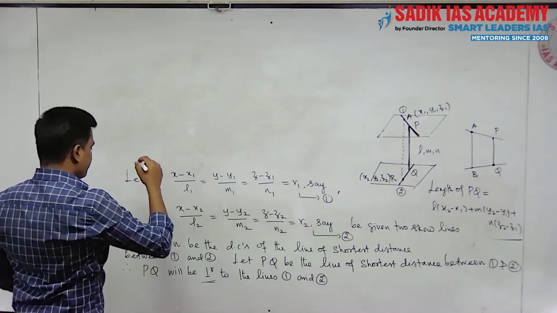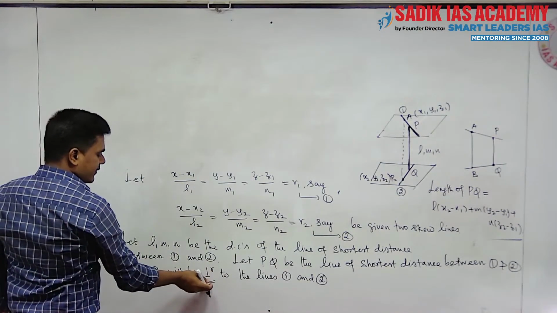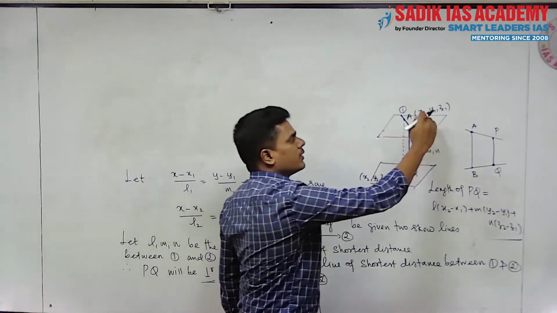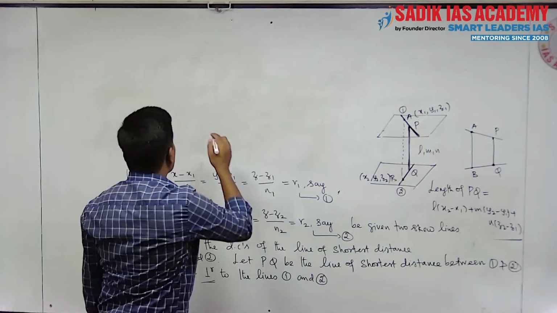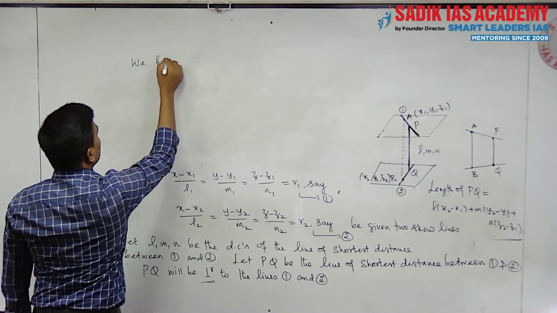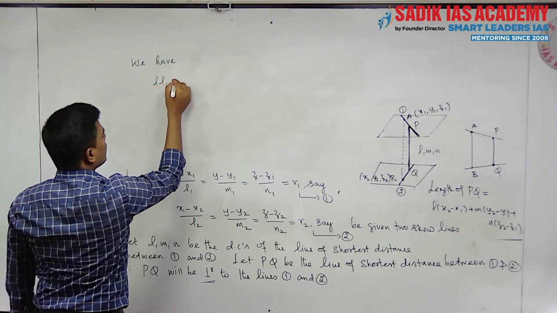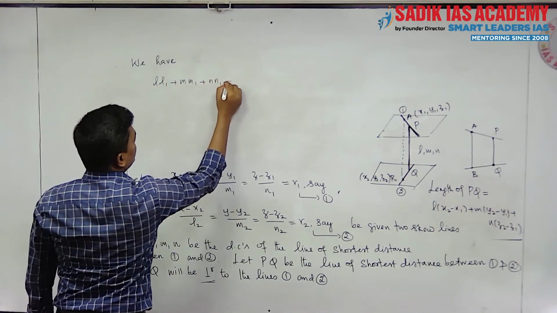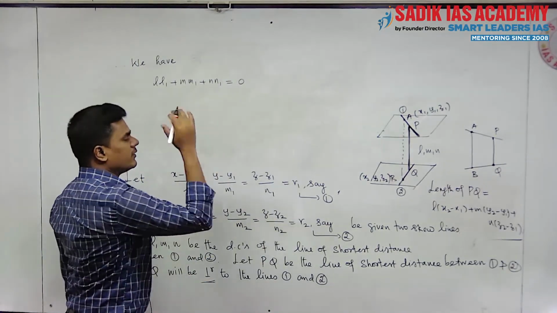Okay, fine. Since I have said perpendicular, the line PQ is perpendicular to the given two lines, right? Therefore, we have two equations. One is L L1 plus M M1 plus N N1 equal to 0. How it is coming, we have discussed already.